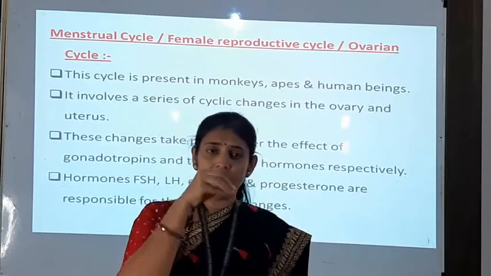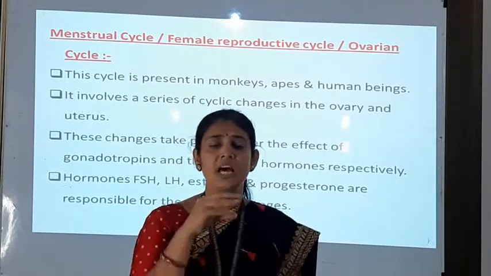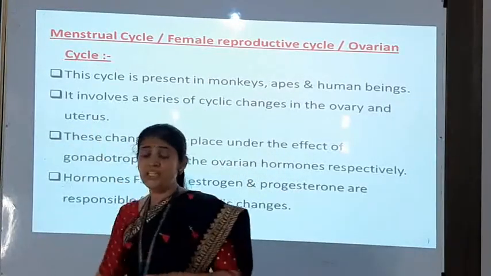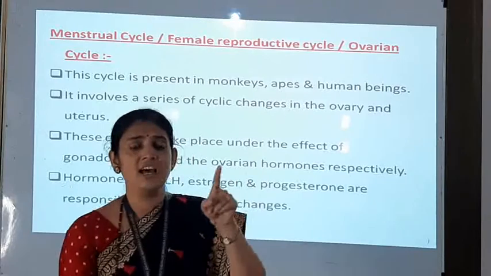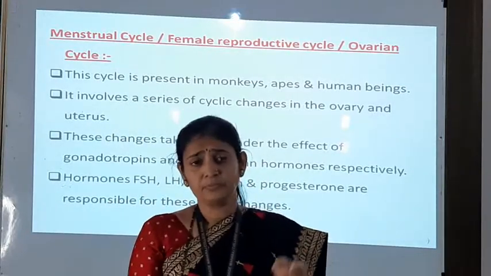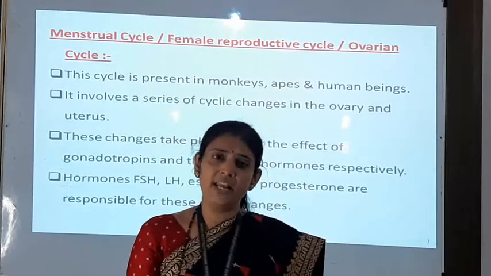And in the ovary some hormones are secreted, and those hormones are responsible for changes in the uterus. Uterine changes are occurring due to the ovarian hormones, and ovarian changes are taking place due to the pituitary hormones.